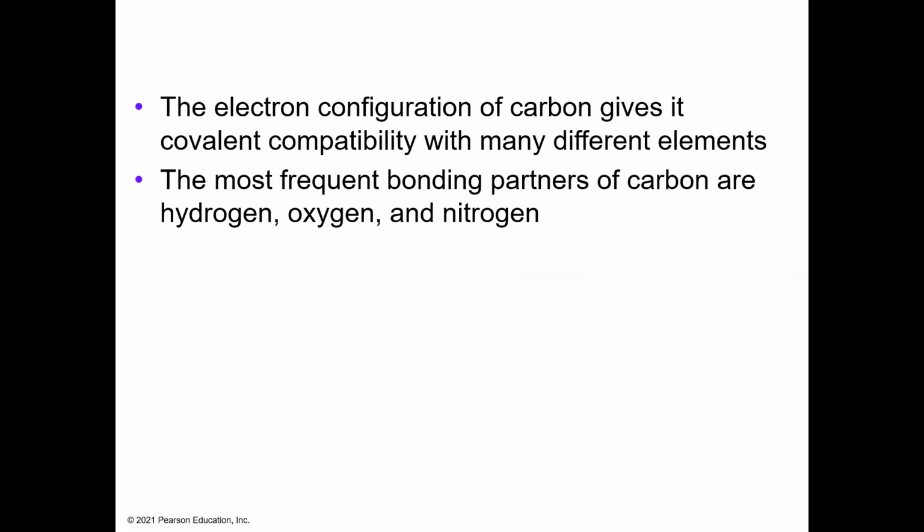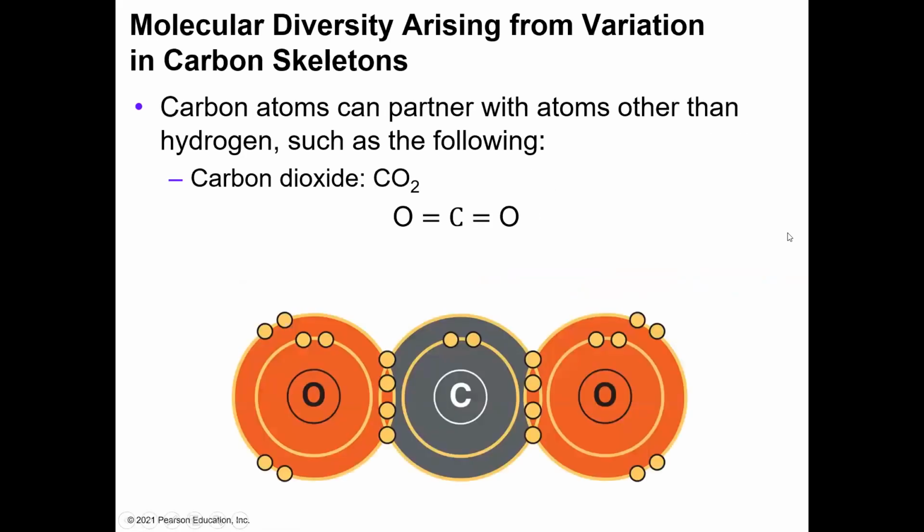The most frequent bonding partners for carbon are hydrogen, oxygen, and nitrogen. And it's probably because they're just very abundant in the atmosphere. And so carbon atoms can partner with atoms other than hydrogen, such as carbon dioxide, which is CO2 here. While carbon dioxide is a waste product for animals and humans in particular, carbon dioxide is the waste product from respiration.